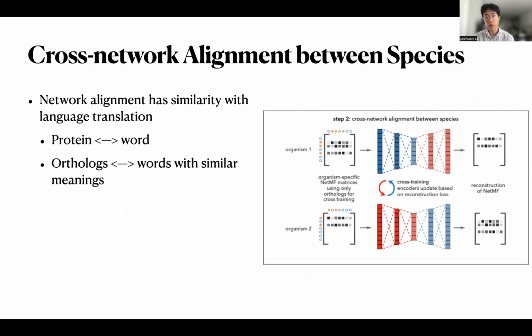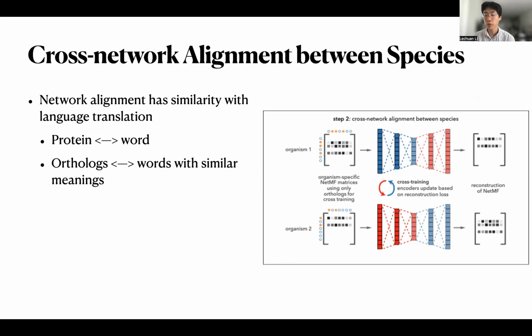So the orthologs should have similar embeddings in the joint embedding space. So what we did is, for example, we have human and mouse. We have human and mouse orthologs.